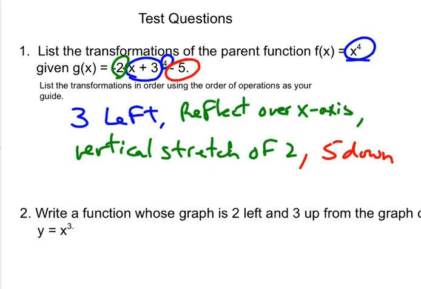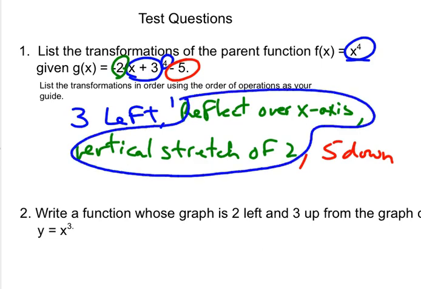Another correct answer would be if you gave me these 2 things right here first, describe those first, this one second, this one third. You could do 5 down second and 3 left third, because left has nothing to do with down. But I would just go in the order, just be consistent, order of operations. So work with the parentheses, deal with the multiply out front, deal with the add and subtract last.